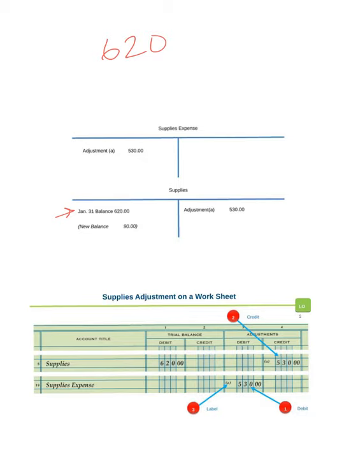What should the supplies balance be? After taking inventory, they found that they have $90 worth of supplies left at the end of the month. So if we subtract the 90, we come up with a difference of $530.